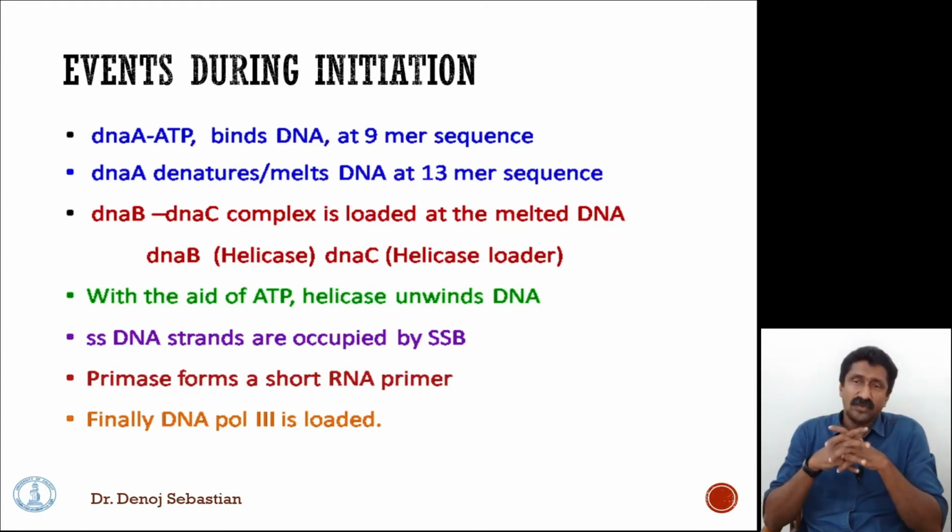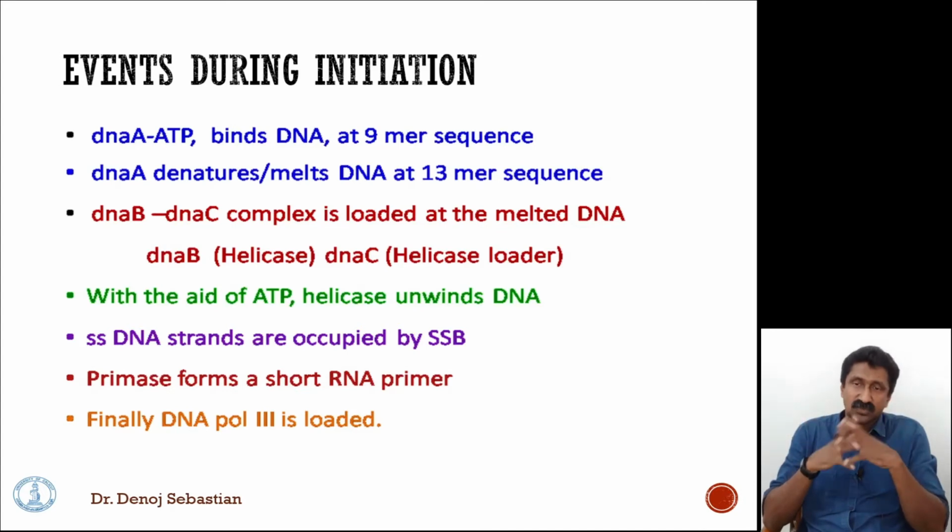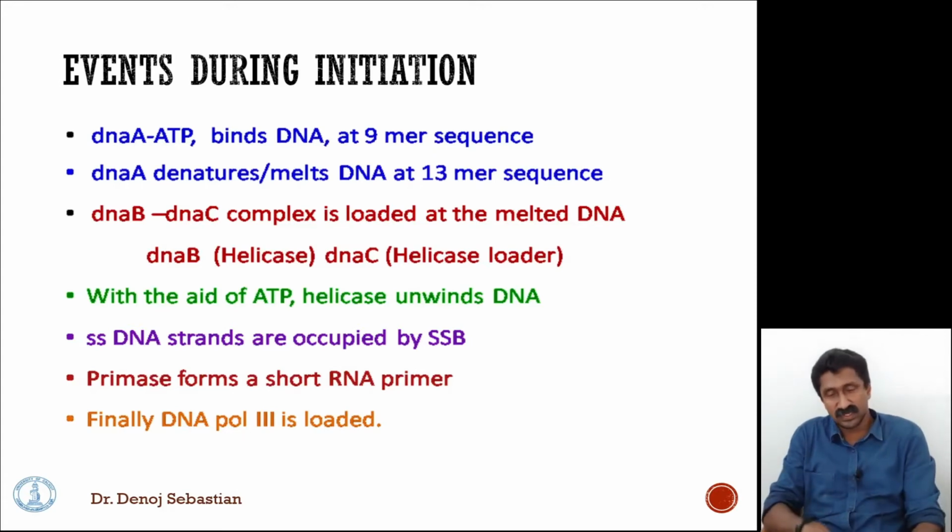Then with the aid of ATP, helicase unwinds the DNA. Then the single strands are occupied by the single strand binding proteins. Then primase forms a short RNA primer. Then finally DNA polymerase 3 is loaded, completing the formation of the replisome complex. So these are the different events occurring during the initiation stage.